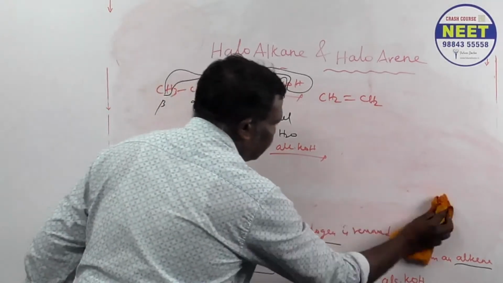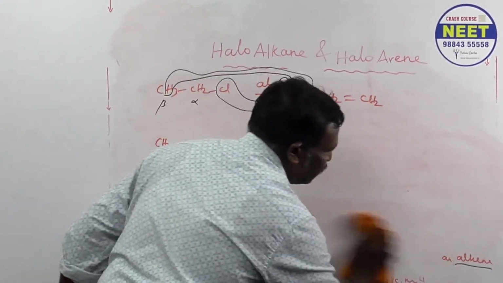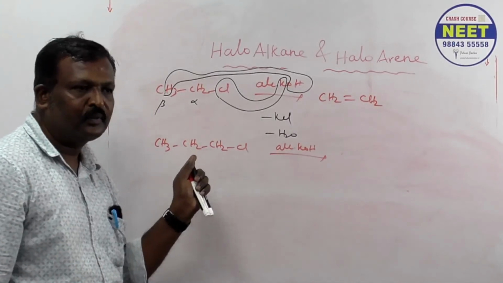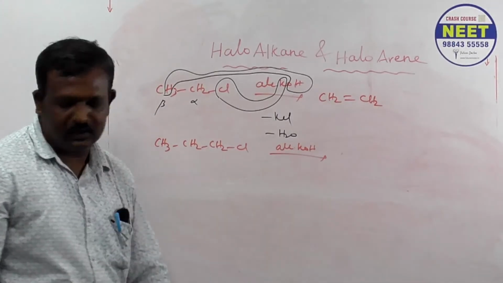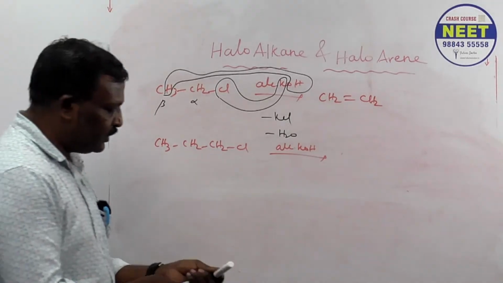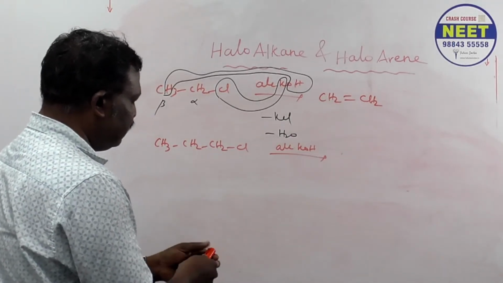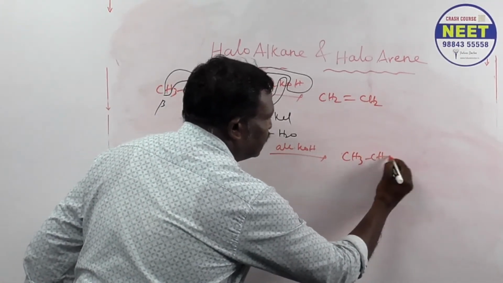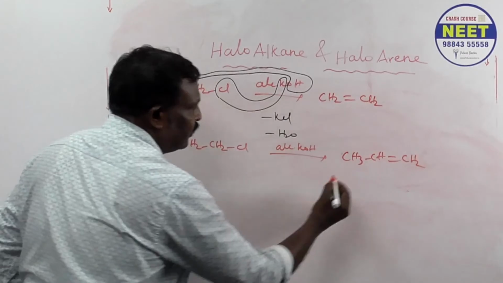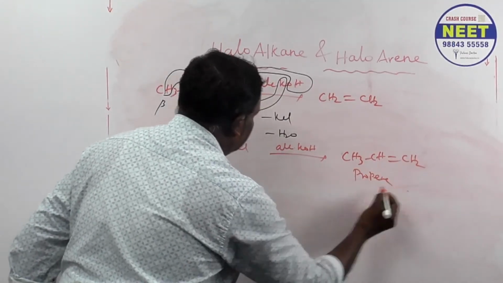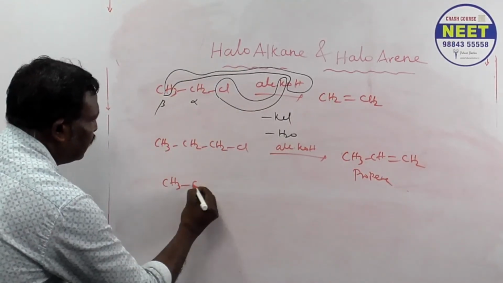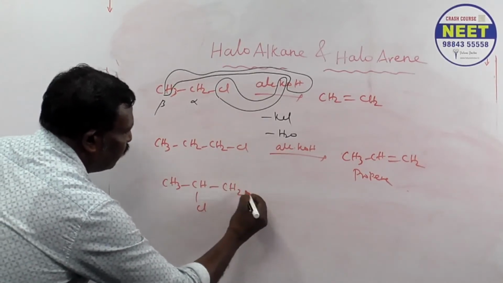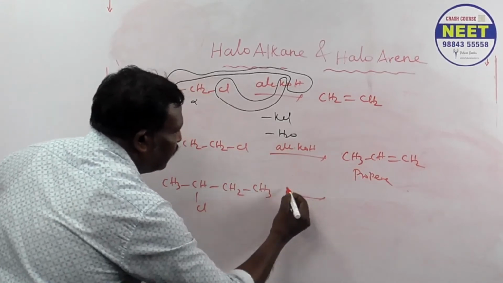Tell me. CH3, CH, double bond, CH2. Very good. Okay. What's the name of the product? Propene, no? Cut or not? CH3, CH, double bond, CH2. Understood? Propene. Okay. Right. So this one now you try yourself. Then one more thing, this is only complete.